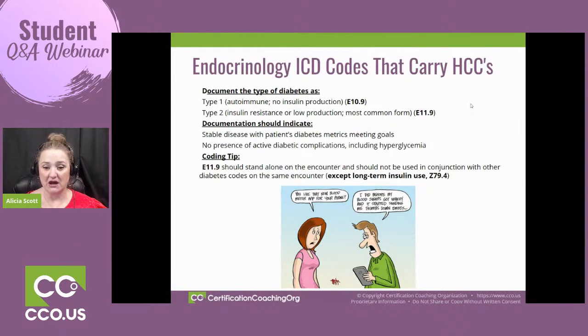E11.9 is the most common, and it is the default code for diabetes if the provider does not document what type. And the reason is 98% of all diabetics are type 2. So it's not even a 50-50 guess. It's a 98 to 2%, right?